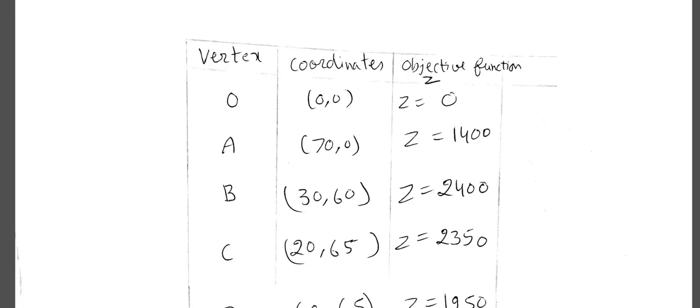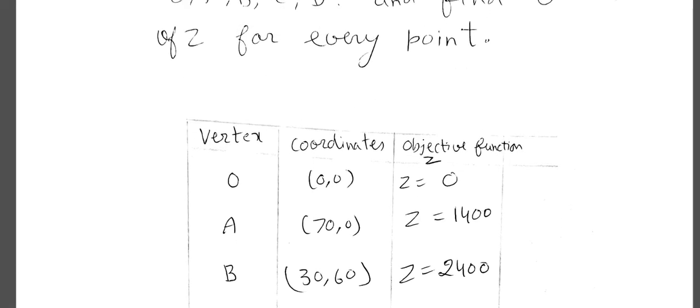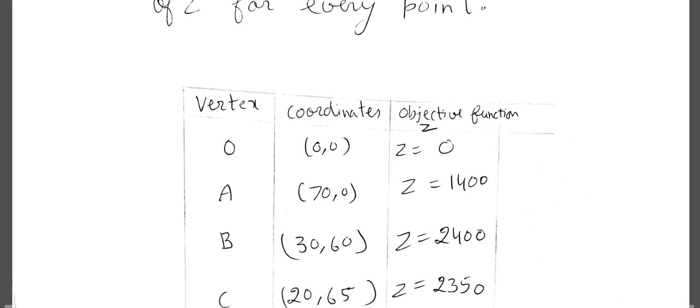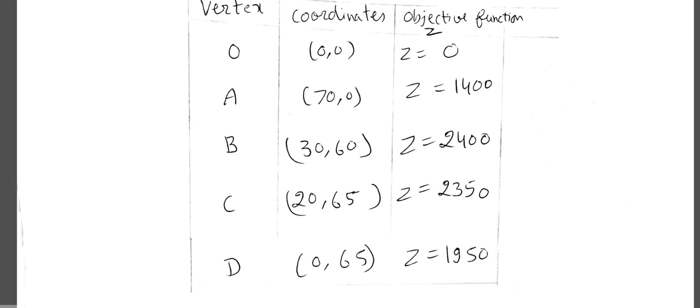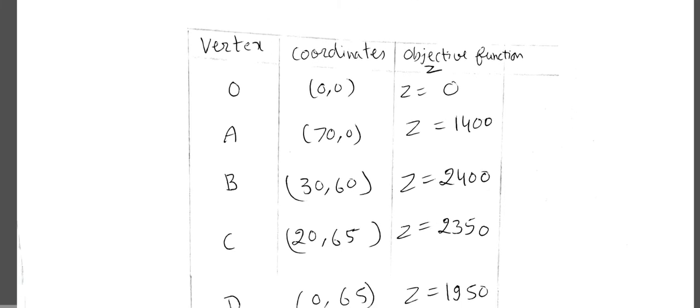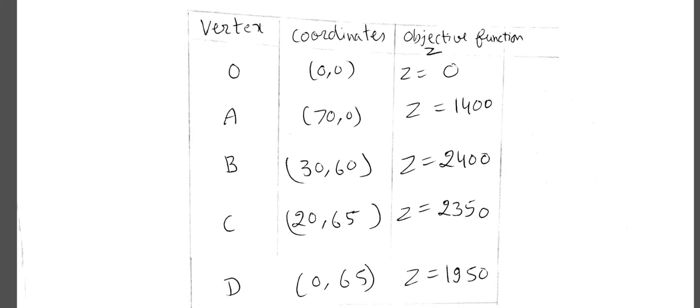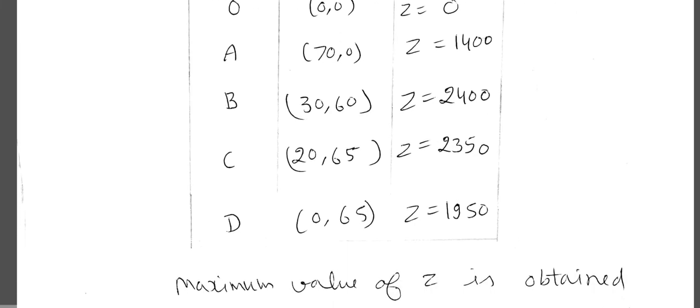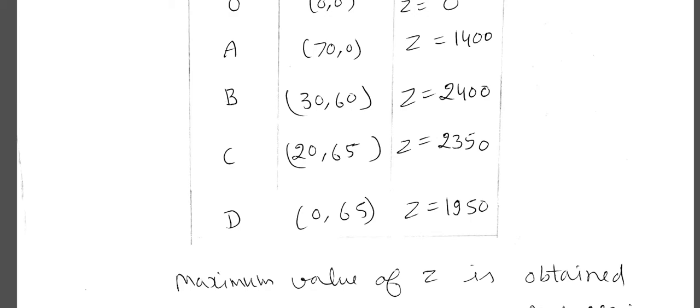Here I have given these values in a tabular form. In the first column, vertex O, A, B, C, D, then coordinates: O 0, 0, A 70, 0, B 30, 60, C 20, 65, D 0, 65.